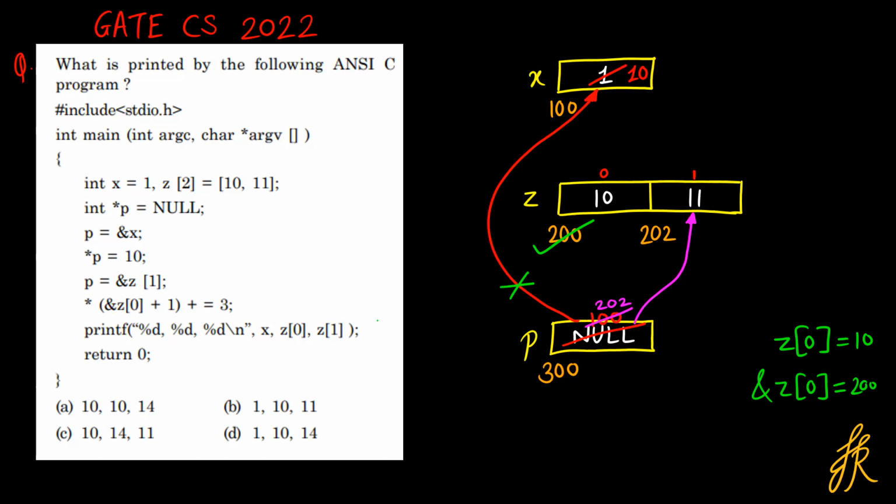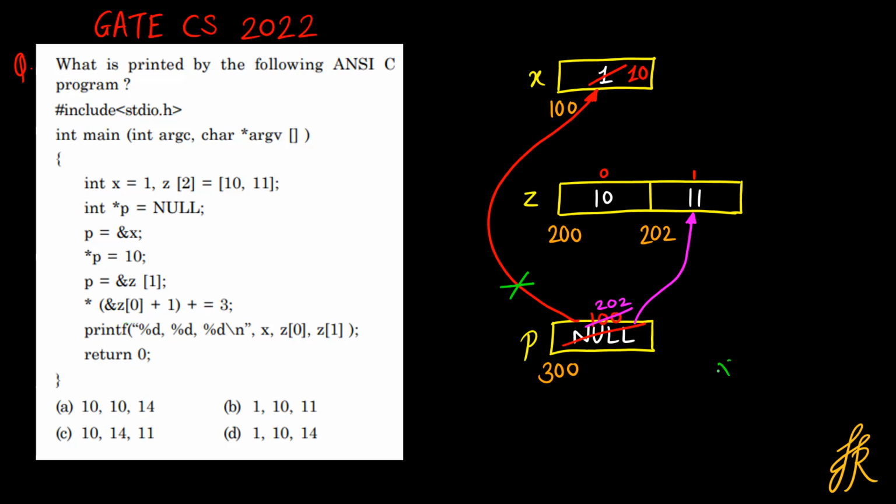Now &z[0] + 1: if you do plus 1, you will get 202, not 201, because right now we are pointing to the address of the 0th element of the 1D array z. So if we do plus 1, we'll point to the address of the first element of the 1D array z. That is 202.